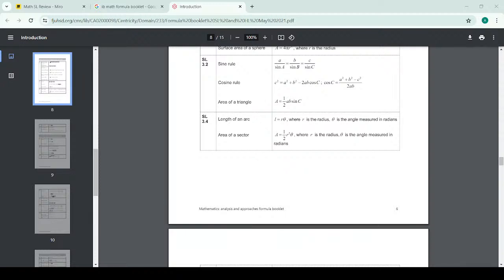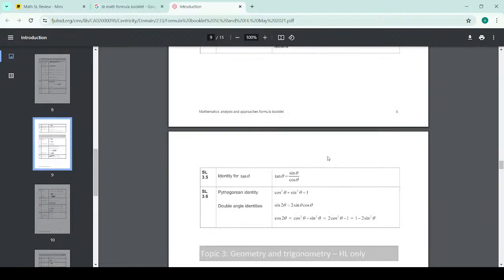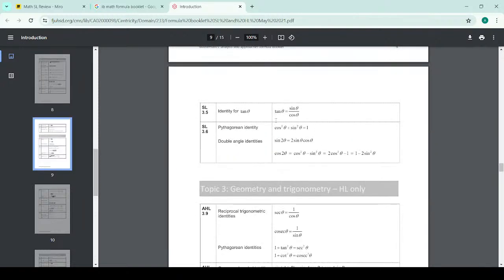Yeah, you get all of them, right? Yeah. So if it's on your formula booklet, there's no reason not to know how to use them. It's just a formula in the end.